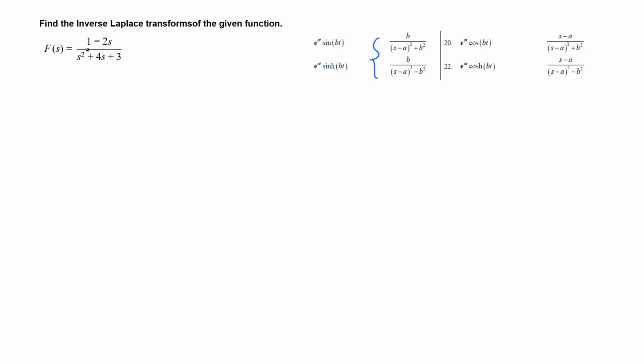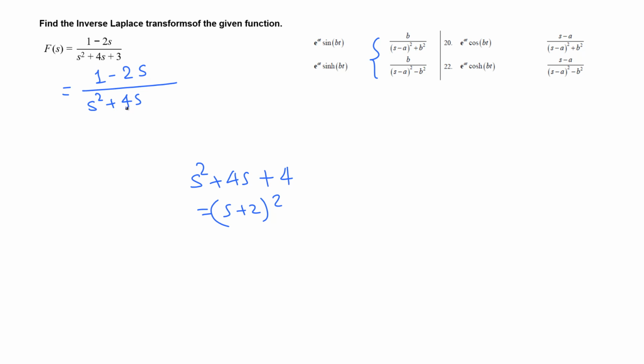In s squared plus 4s, as we know, if we add half of 4, which is 2, squared, 4, then this becomes (s plus 2) squared. So we can rewrite this as 1 minus 2s over s squared plus 4s, plus half of 4 is 2, squared 4.